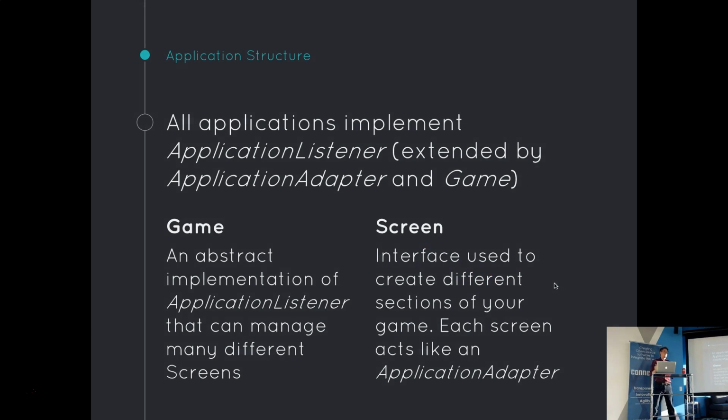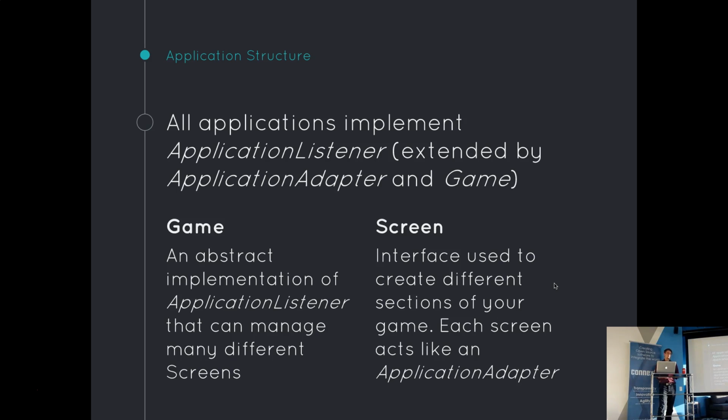So all applications in LibGDX have to implement an application listener. This is the main one that has all the methods like create, render, pause, resume. There are 2 classes that are already extended for you. There's the application adapter, which is an abstract class that just basically sets everything up so you can create a very simple game that's like one screen. And then there's the game class, which is a slightly enhanced version of the application adapter.